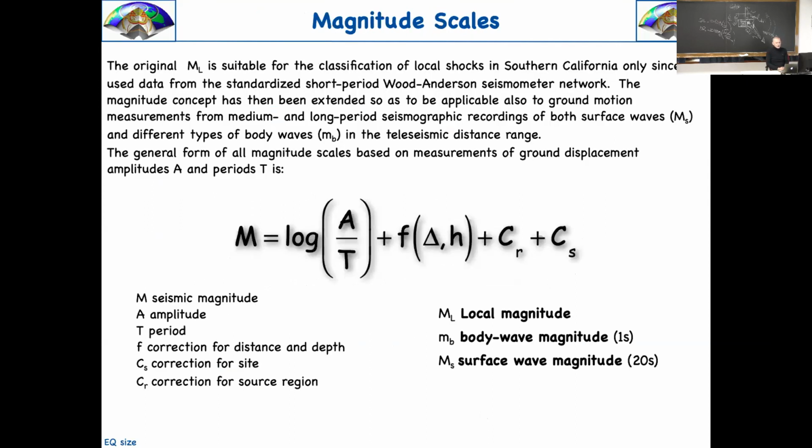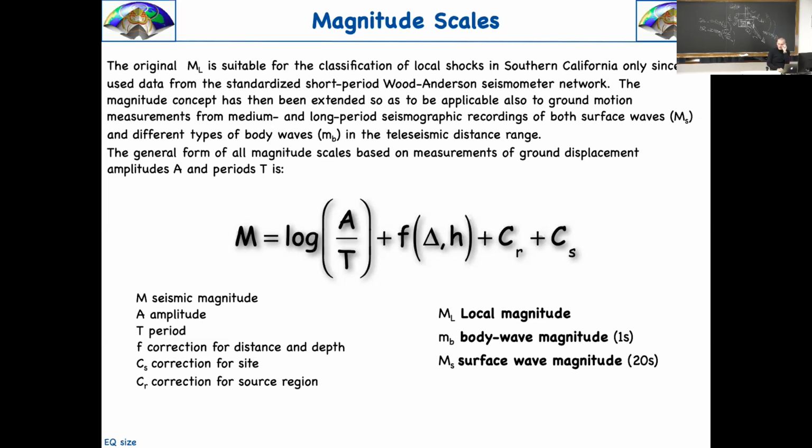The next, and maybe the last, definition of magnitude in the classical sense. The classical sense is, now we have different instruments. We have the WWSSN, let's imagine to be in the 70s. We know we cannot distinguish better between the different wave fields. Now let's take two different scales.